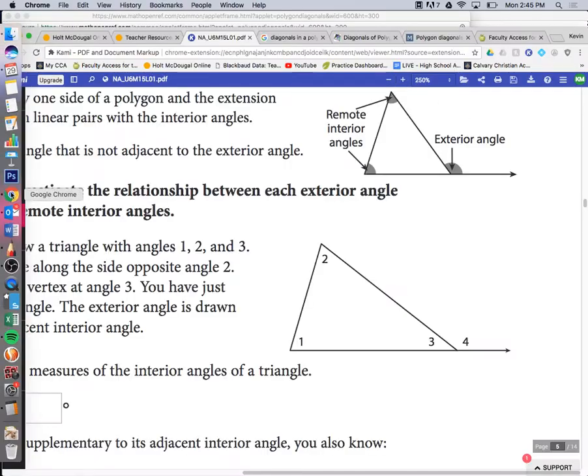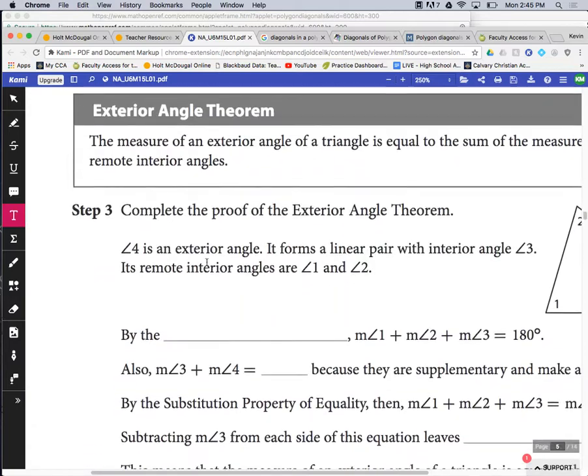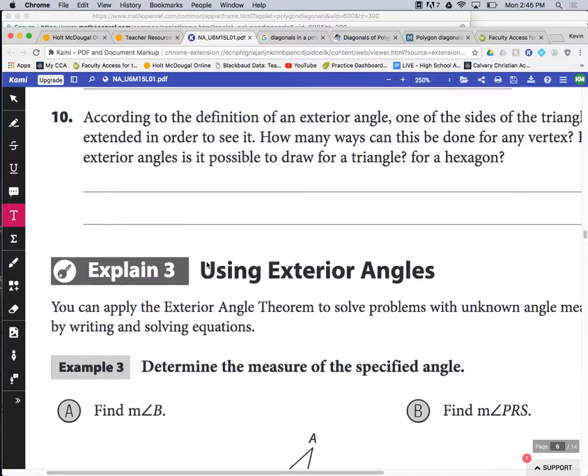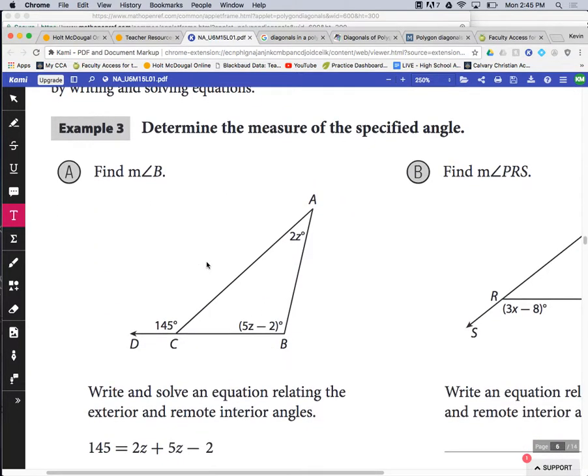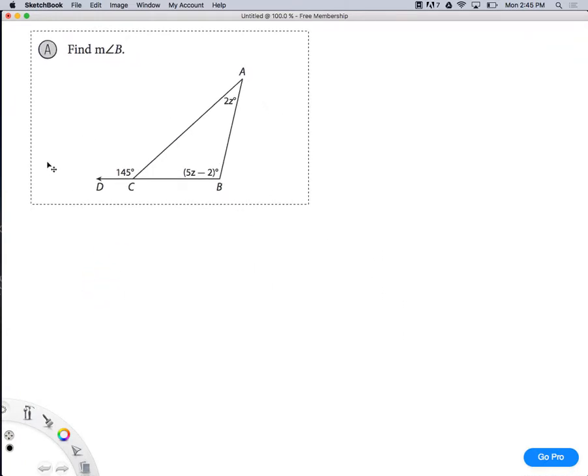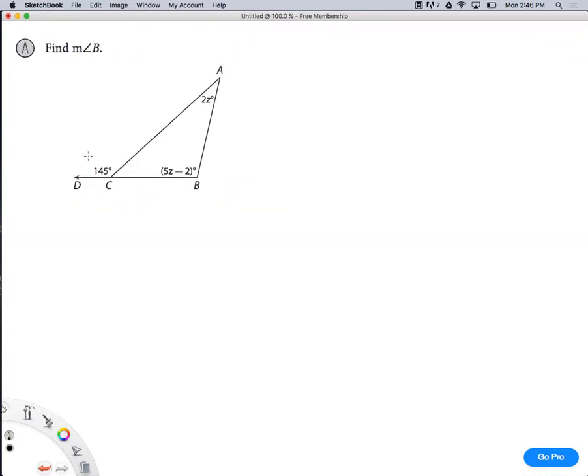Well, let's take a look just down a little bit in your book. If you turn to the next page, you see example A and example B. So example A says find the measure of angle B. Notice this is a remote interior angle, this is a remote interior angle, and this is the exterior angle.